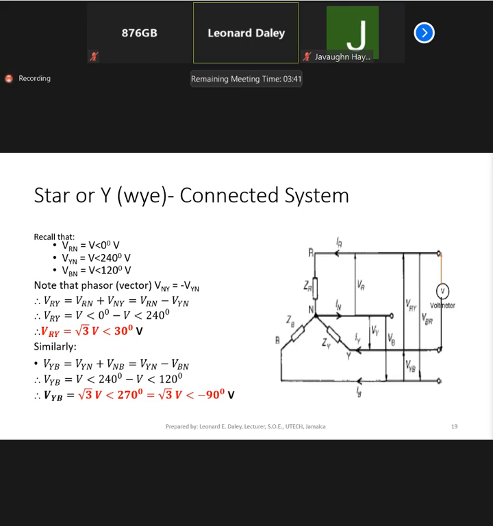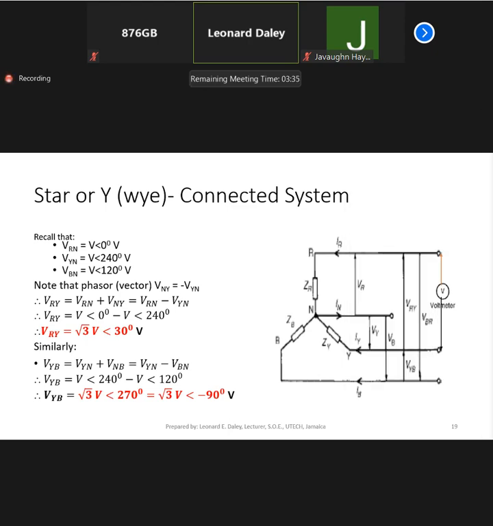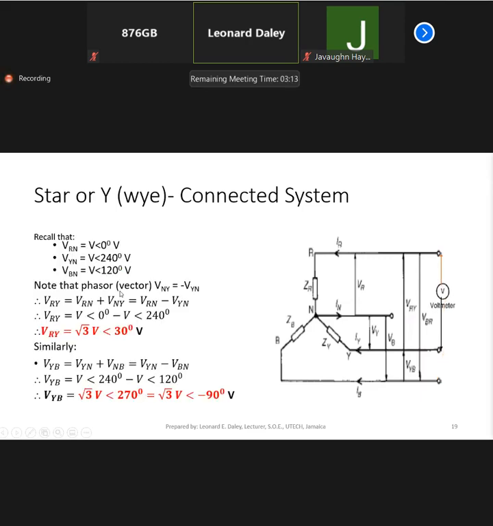So when this kicks us out, you can come back in, as soon as you can after that. But in the meantime, you can work on proving that VBR is equal to root 3 V at angle 150. All right, so we will stop here.